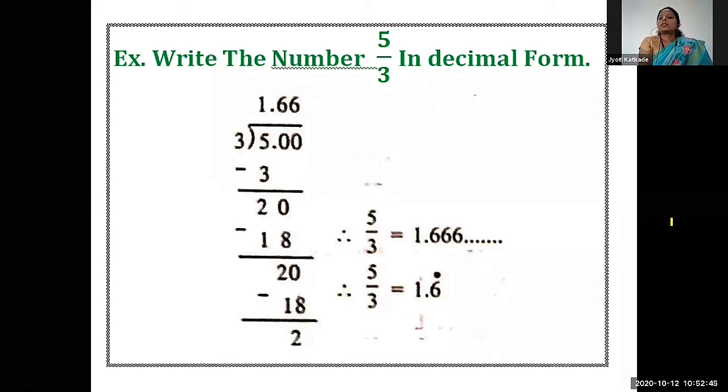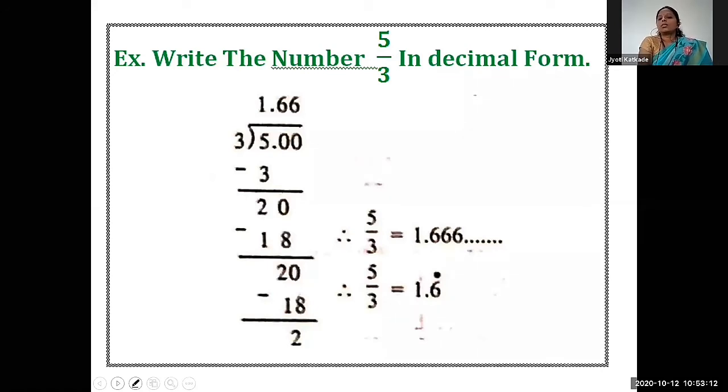So 3 ones are 3. Minus 3 from 5 we get the value 2. Now 2 is not divisible by 3 because 2 is a smaller value than 3. So take a decimal point after 1. Now there is 0 on 2, that is the value 20.